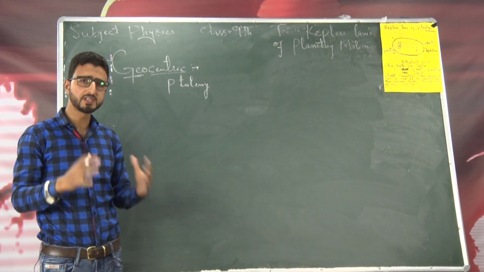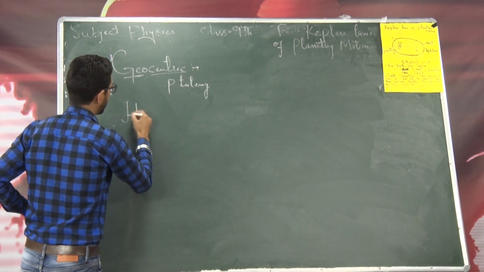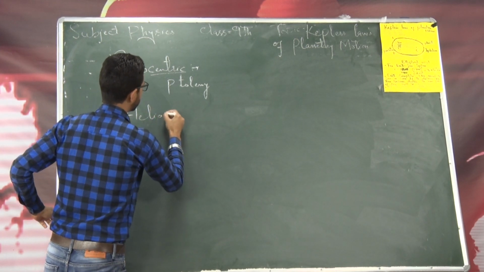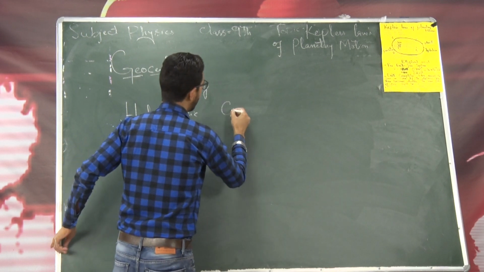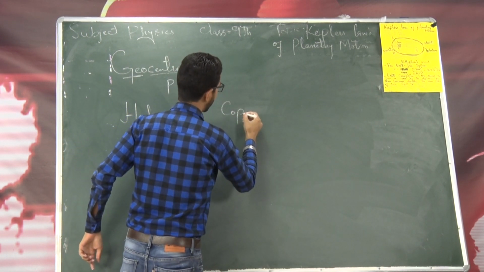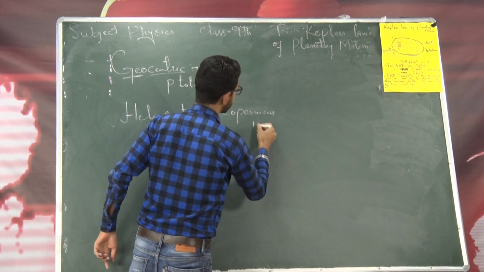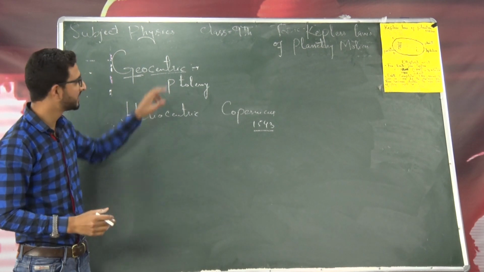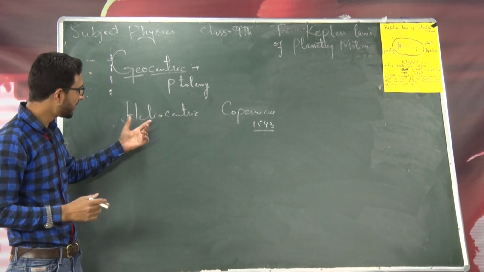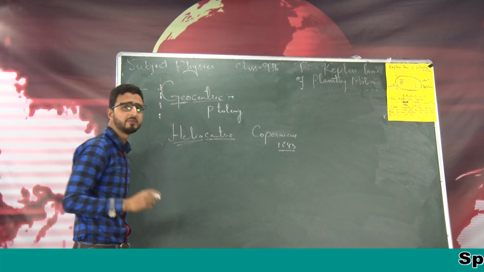Later on this theory was rejected, and then came the heliocentric theory. It was given by Copernicus, an astronomer from Poland, in 1543. He rejected the geocentric theory. Helios means sun and centric means center.